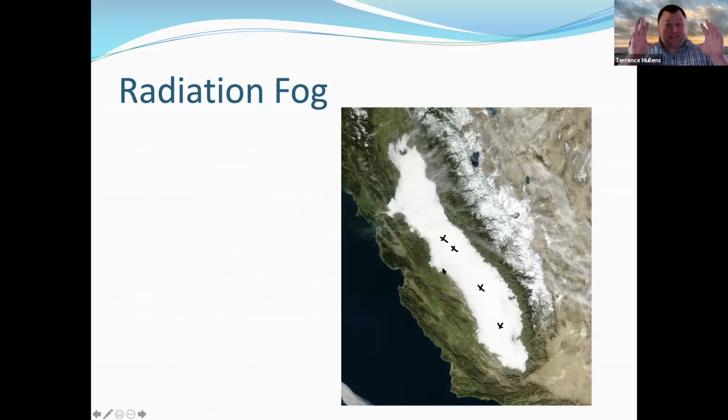So all of California's top tourist attractions, not really, but all of California's farms. But look at how thick and dense that fog is. It's just trapped there in the Central Valley, and it can hang out for a long period of time.